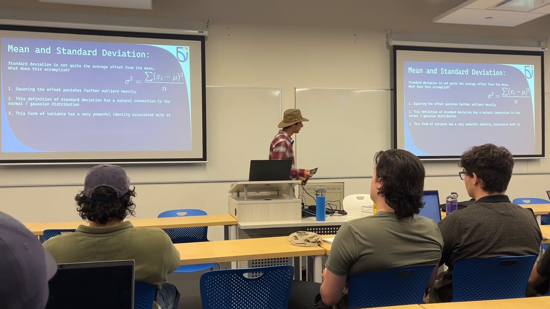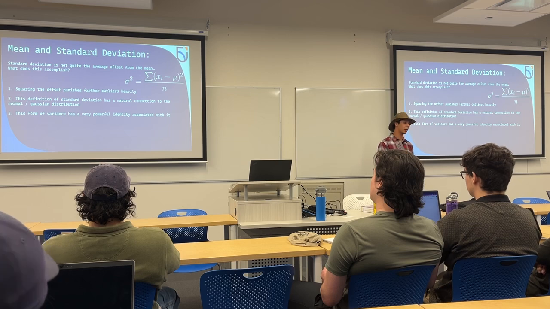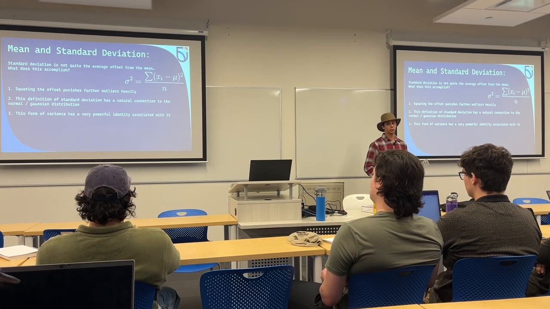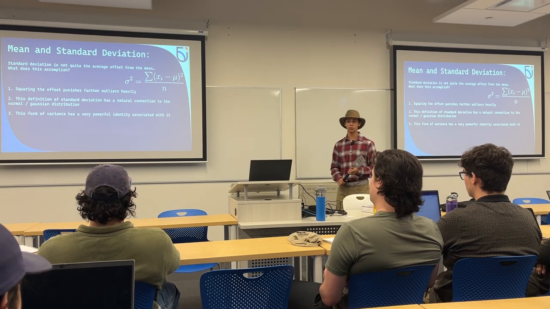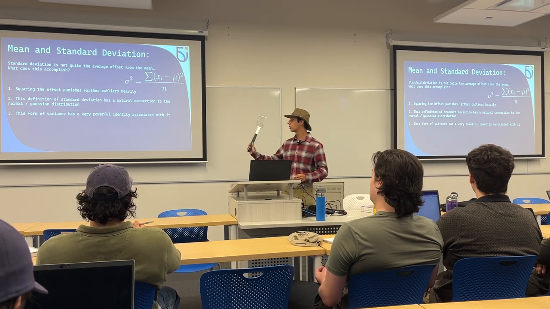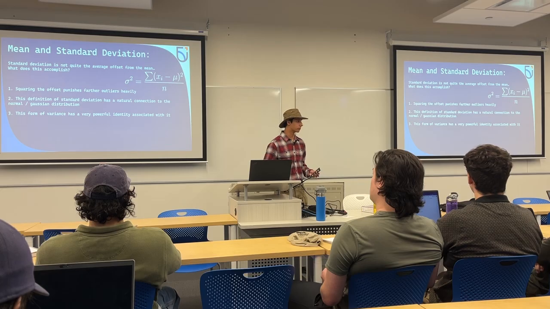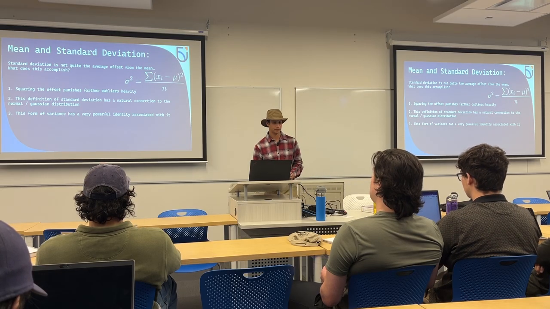Number one, squaring the offset really punishes outliers that are further from the mean. So if you double the spread of your data set, you get a lot more variation, at least in this measurement. So what that means is that if you are very poor in your collection of data, that number is going to reflect it.